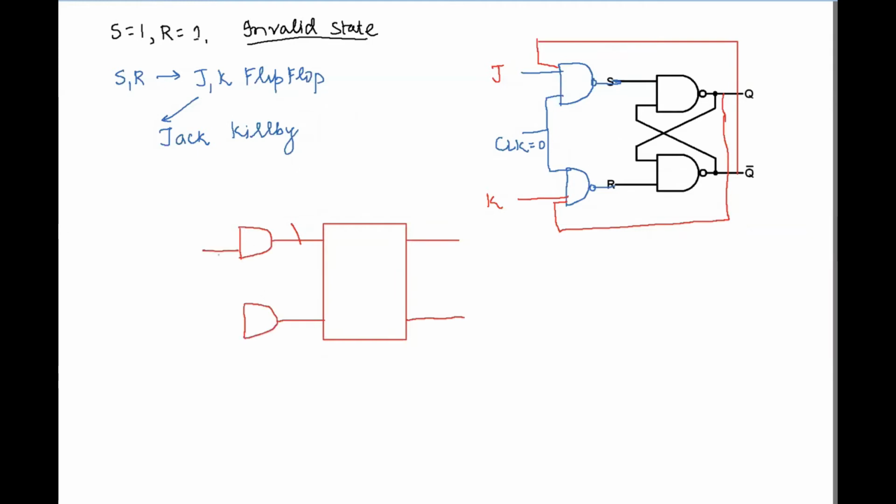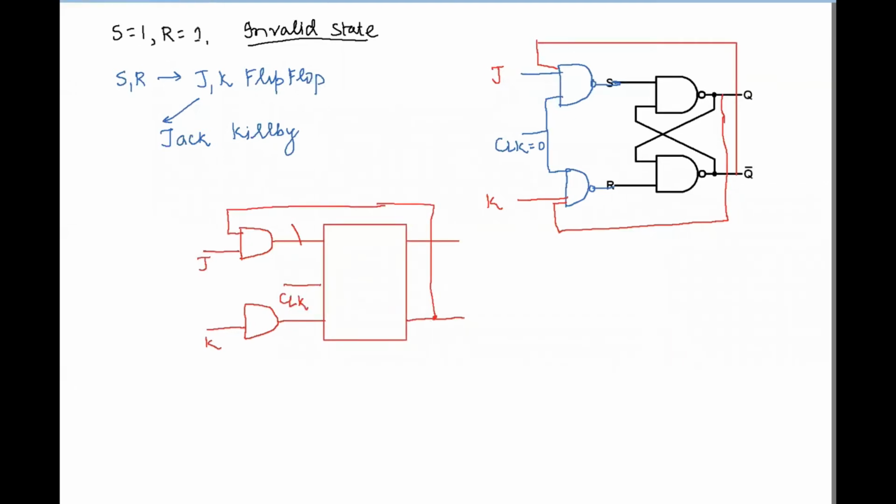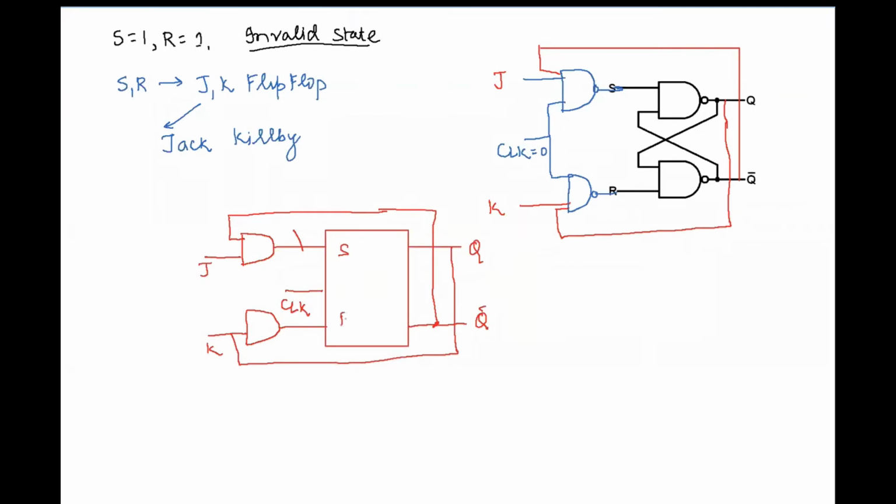So this is J, this is K, and this is your clock and a connection. This is your Q bar, this is Q, and this is your SR flip-flop. Using the SR flip-flop, we have created a JK flip-flop.